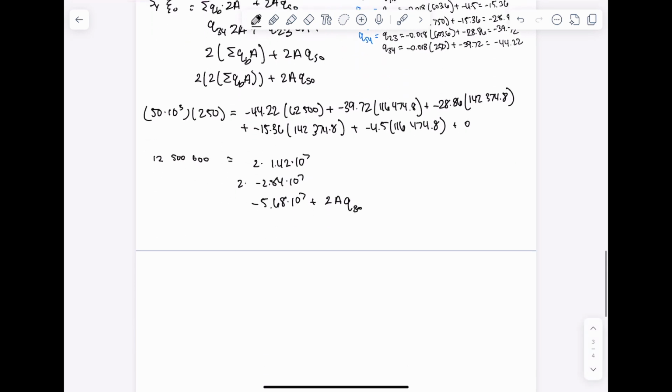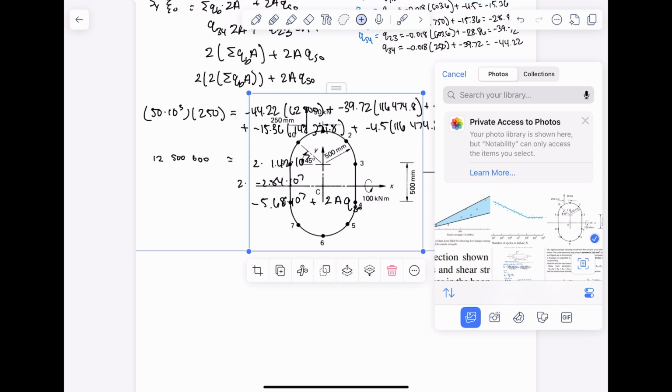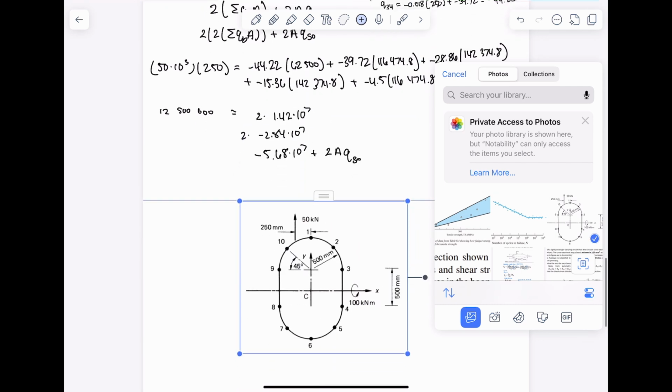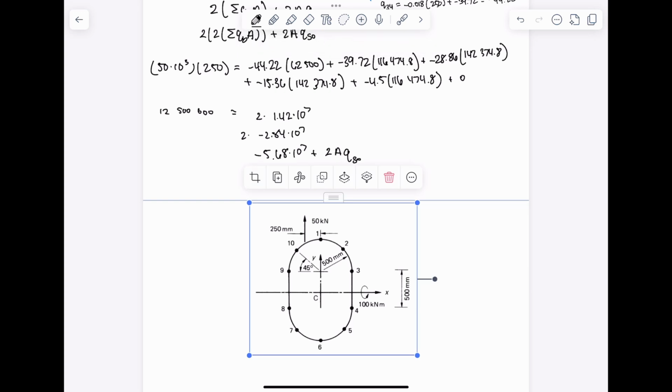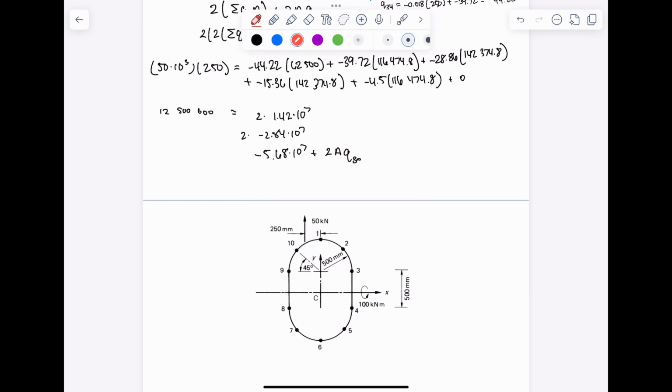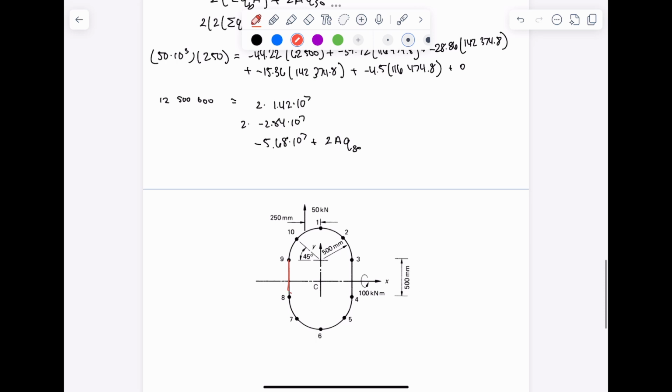We need to solve the total area, so let me add the geometry here again. Let's see what we got. We know that the total area is just the entire geometry. This section is just base times height, which is 500 times 2, 1000, times height 500.